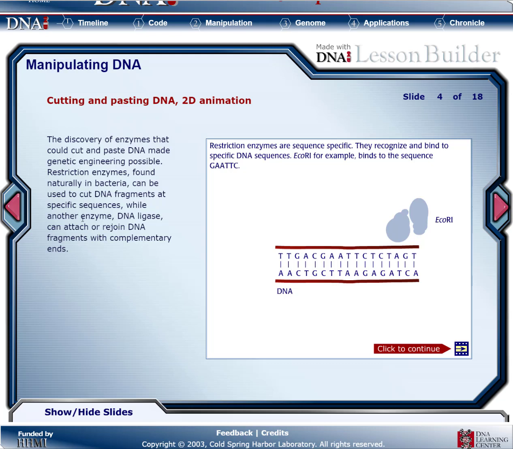While on the other hand, another enzyme, DNA ligase, can attach or rejoin DNA fragments with complementary ends. So I'm going to take a little note of that, ligase. What's it do? Can attach or rejoin DNA fragments with complementary ends, right?